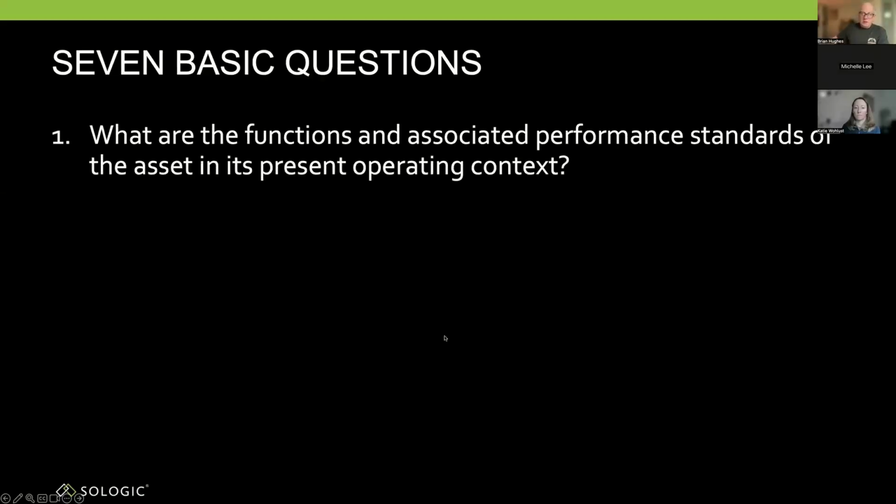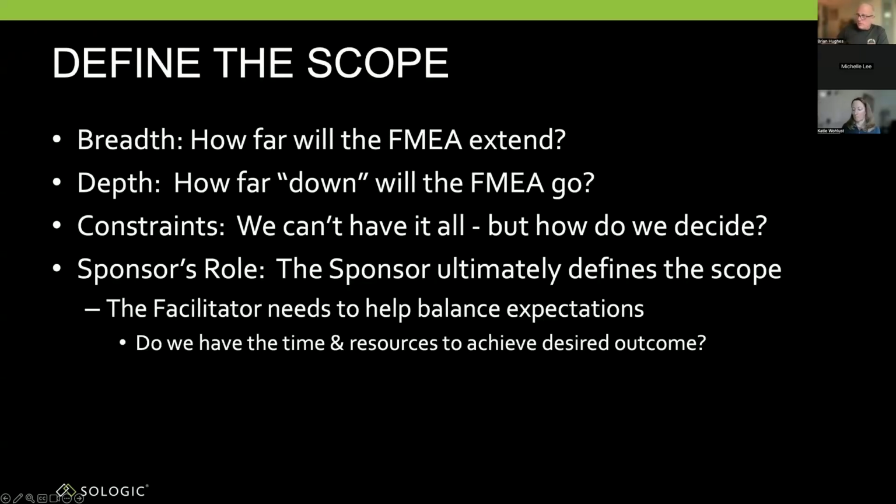Let me jump up to this slide. Now, this speaks to Albert's question and what we were talking about originally. You've got to define the breadth of the FMEA. How far into the factory are we going to go? Sometimes it's really easy because the machines themselves are physically separated.